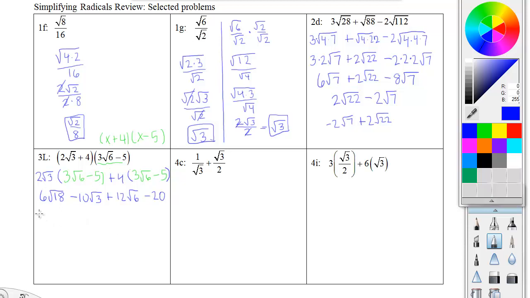So the 6 root 18 needs to be simplified because 18 has the square factor of 9.